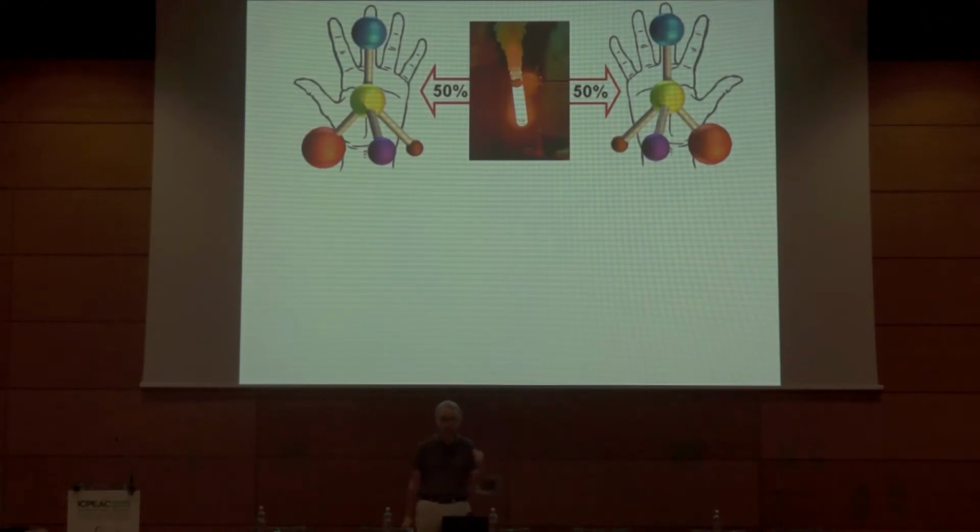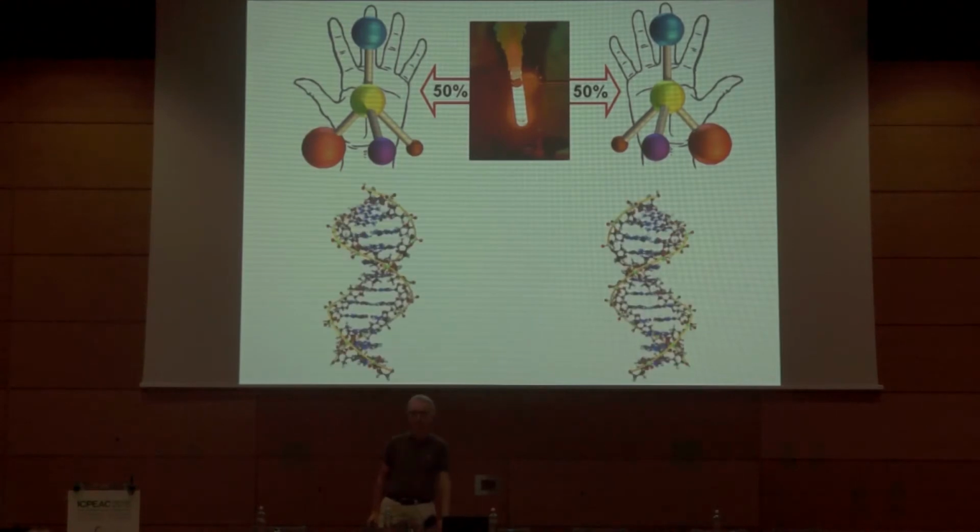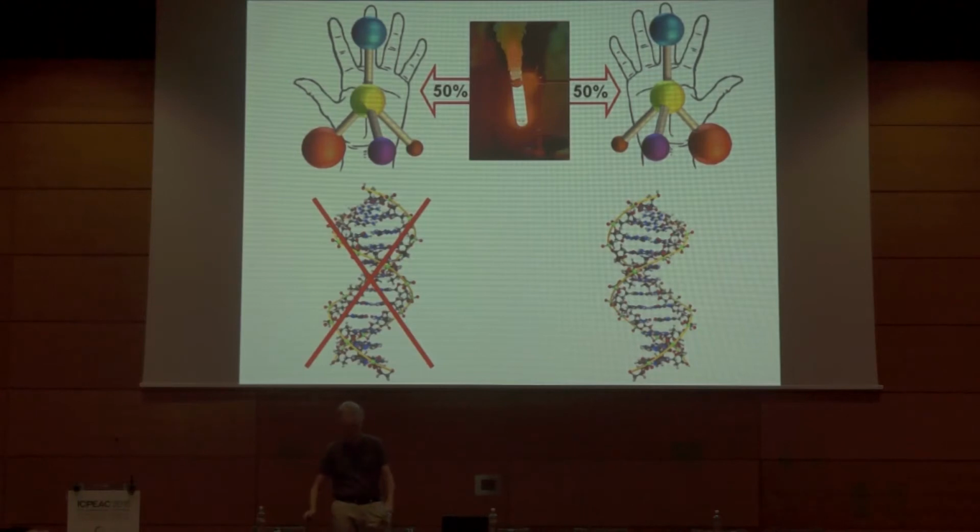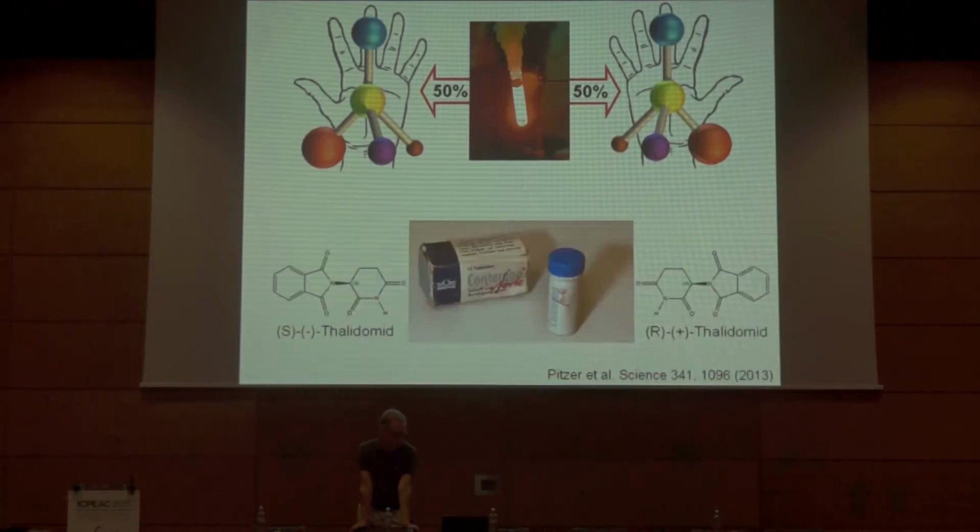If you create this molecule in your chemistry laboratory, you get a 50-50 mixture because the energetics is exactly the same for these molecules. Your body could, in principle, have both versions of its molecules, like DNA, but it doesn't. In your body, it's very selective. You only have one of the enantiomers, and that's what nature does by chemistry tricks, not by energetics.